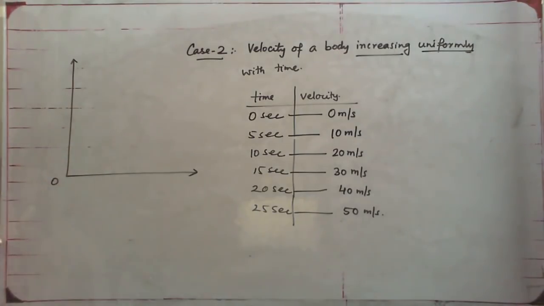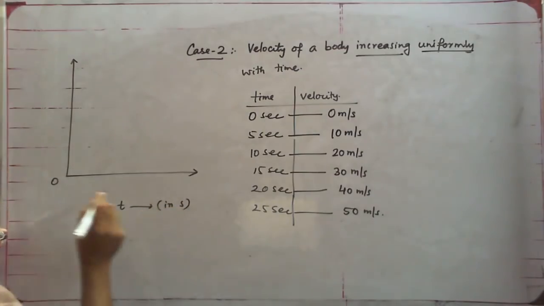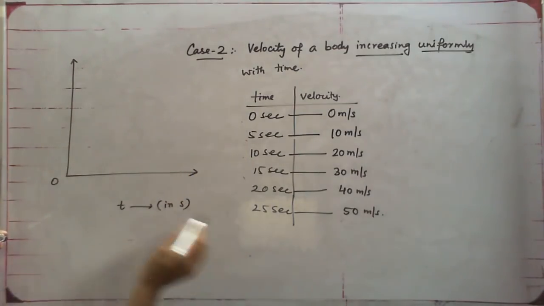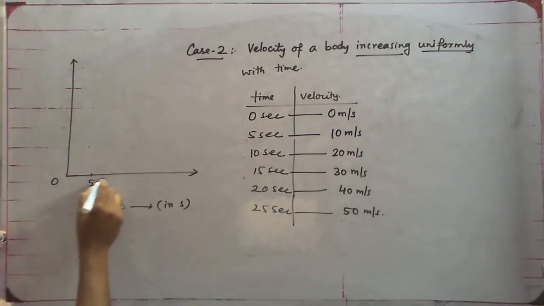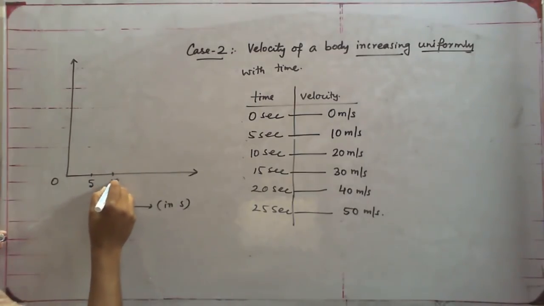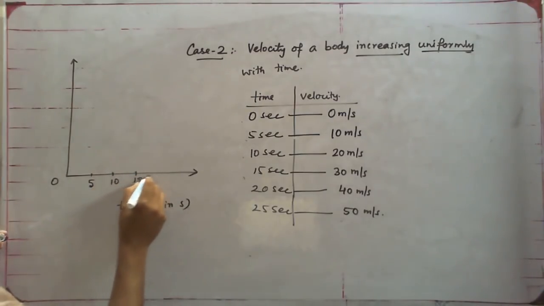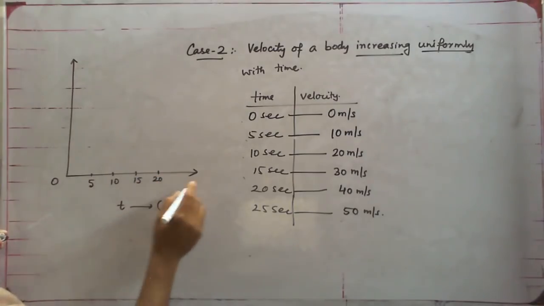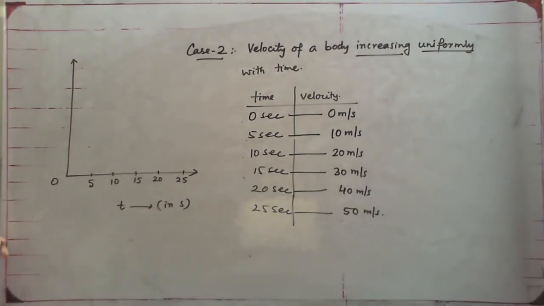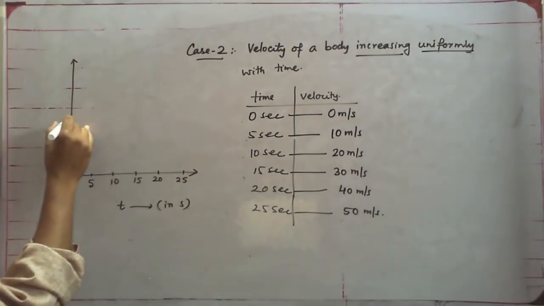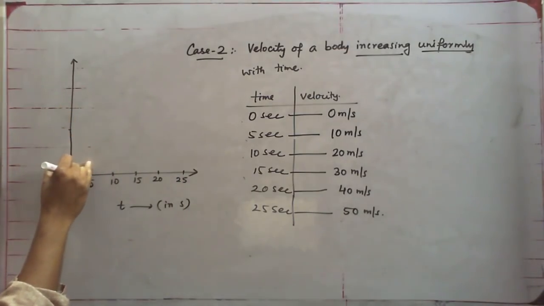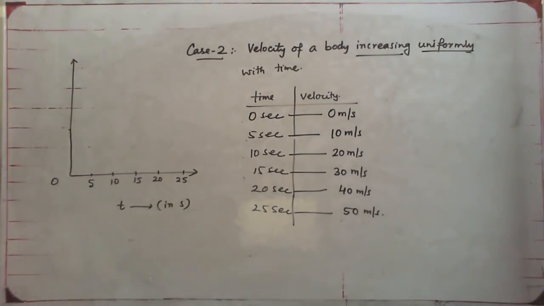This is origin. This is time in seconds. So we have got 0, 5, 10, 15, 20, 25. Then we have got velocity.